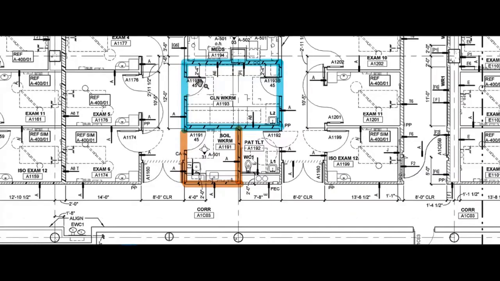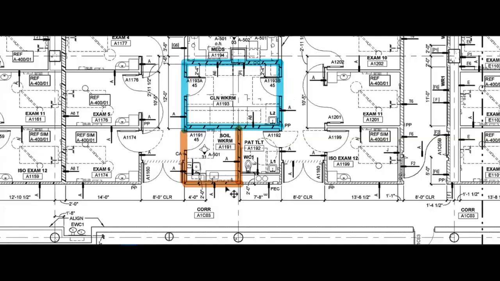The difference between this clean workroom and the soiled workroom is this is for the dirty stuff that they're going to be throwing out, or they're going to send it downstairs into the basement to get sanitized and repackaged and then replenish the stock in the clean workroom.